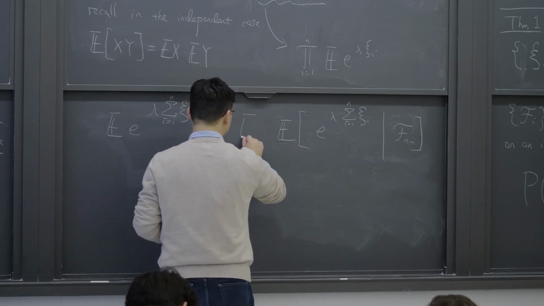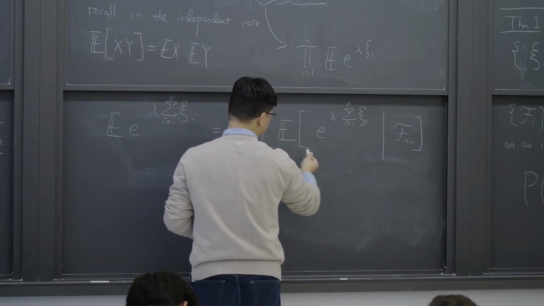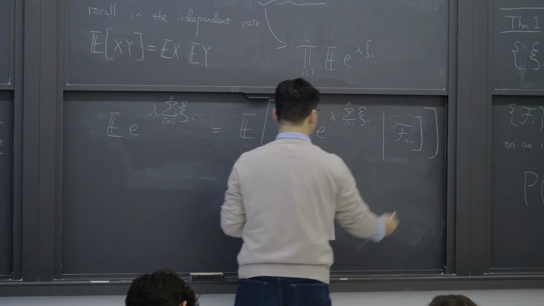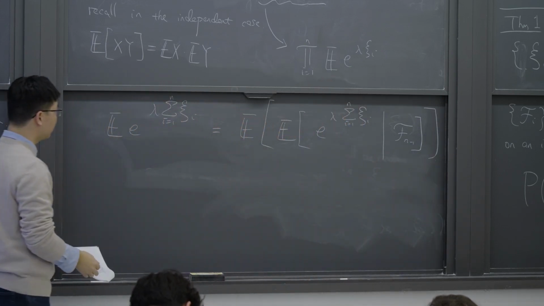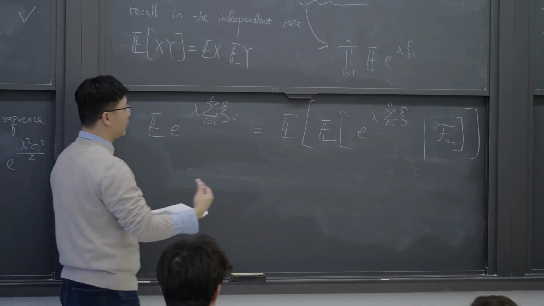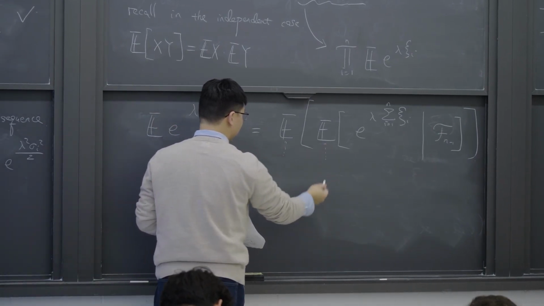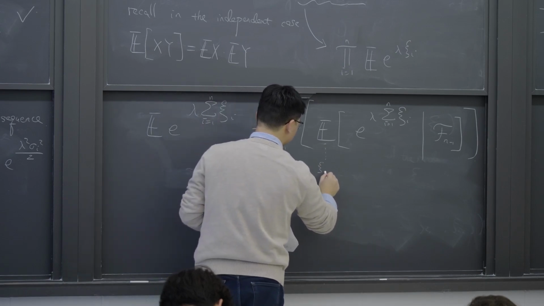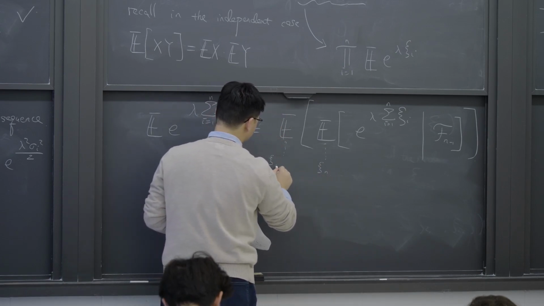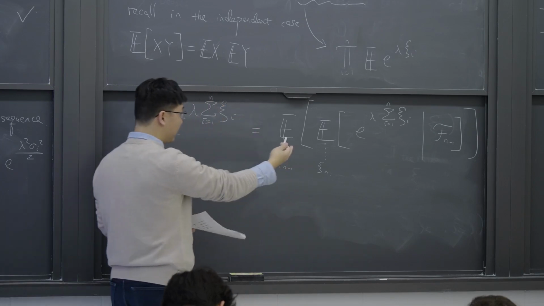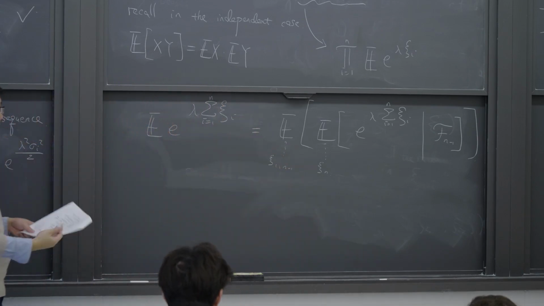And then we take expectation over the history. Okay. So intuitively, this expectation is taken over Cn, and this expectation is taken over C1 to n minus 1. This is what this equation really means.